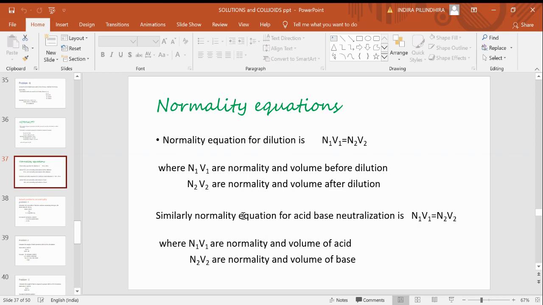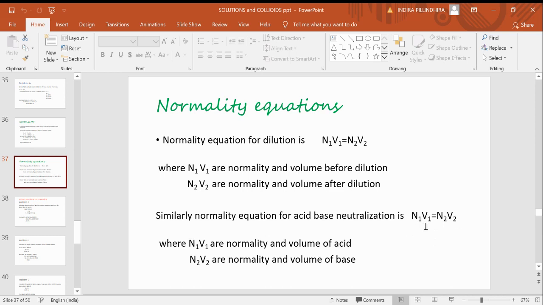Similarly, the normality expression for acid base neutralization is given as N1V1 is equal to N2V2. As we learned in the previous videos, neutralization is the reaction between an acid and a base. Acid and base react together giving salt and water. So the expression for this is N1V1 is equal to N2V2, where N1 and V1 stand for the acid and N2 and V2 stand for the base.